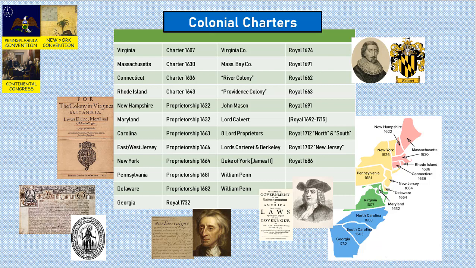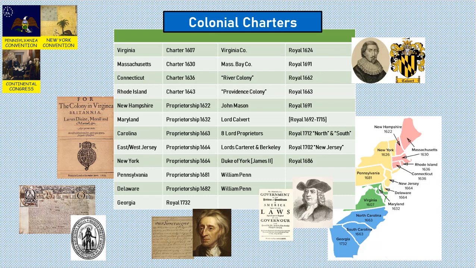If the king did not write the piece of paper and put his signature on it, the Virginia Company or the Massachusetts Bay Company would have no legal authority to enter into contracts or to give rules to the settlers there and whatnot. So it's a combination of private individuals putting their own property at risk and adventuring for their own profit, but also doing so on behalf of the state authority. It's this weird amalgam which is so different than the other European powers.